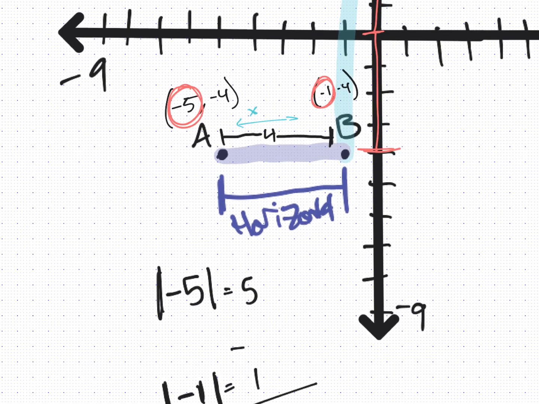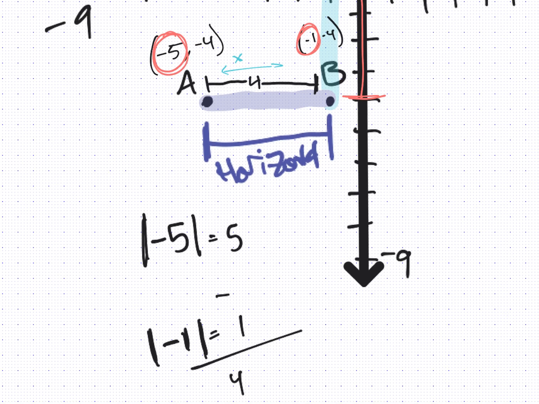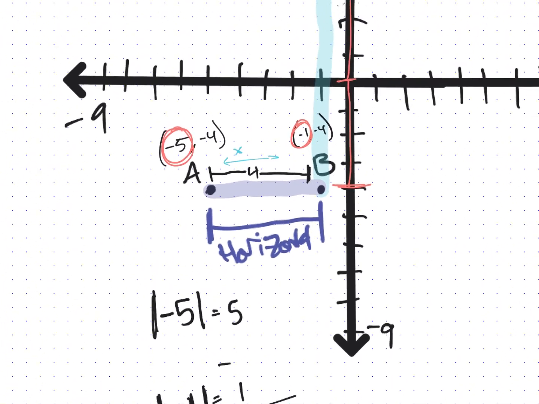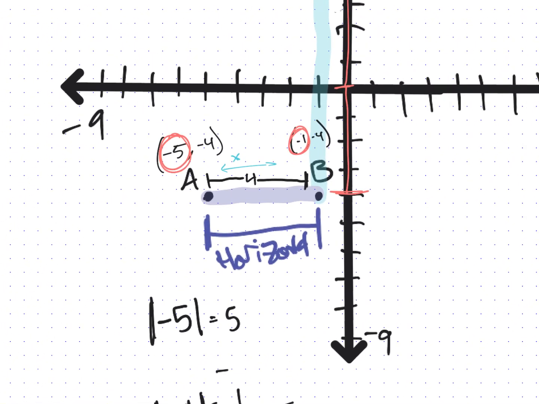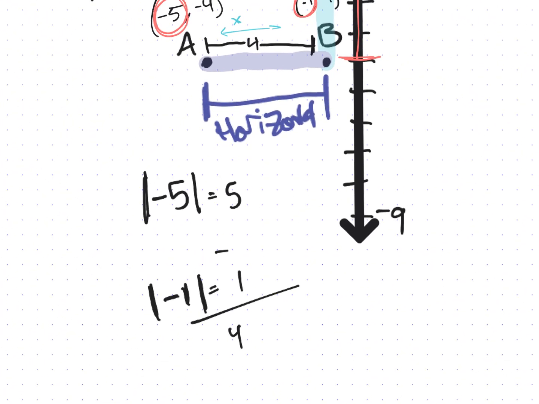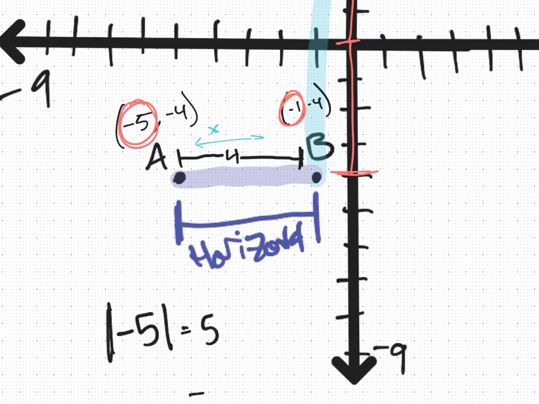So what we need to do, we take our absolute value of -5 and we get it equal to 5, and -1 is equal to 1. And since they are in the same quadrant, we just go 5 minus 1 and we get 4. So the distance between point A and point B is a total distance of 4.